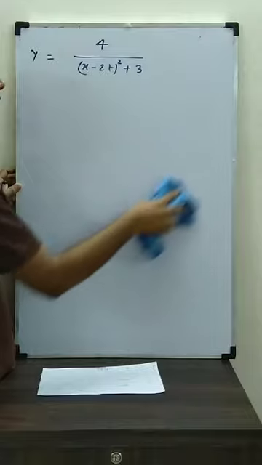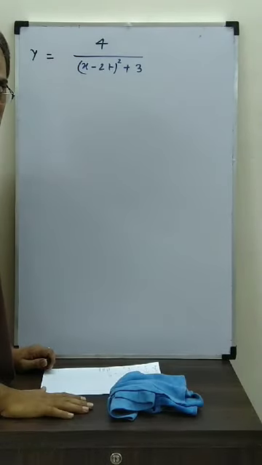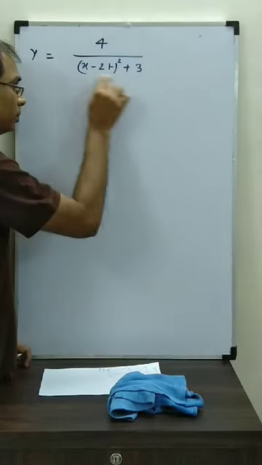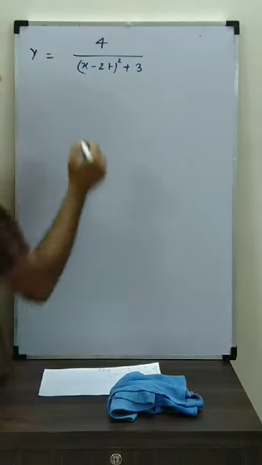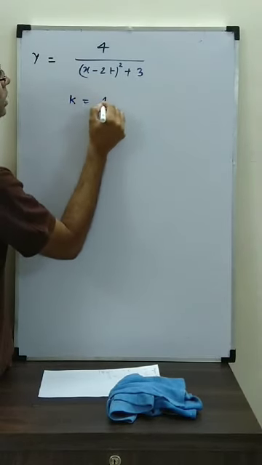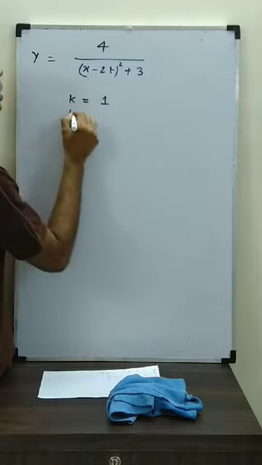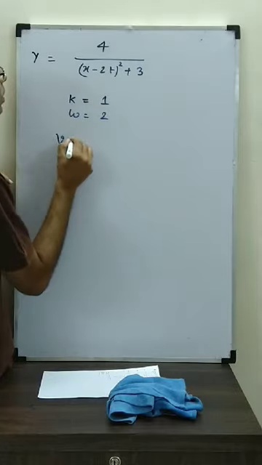Now we have to check, does it have the form of kx minus omega t or not? Check it over here. Does it have or not? Yes, it has. If I compare, k value is coming as 1 and omega is coming as 2.